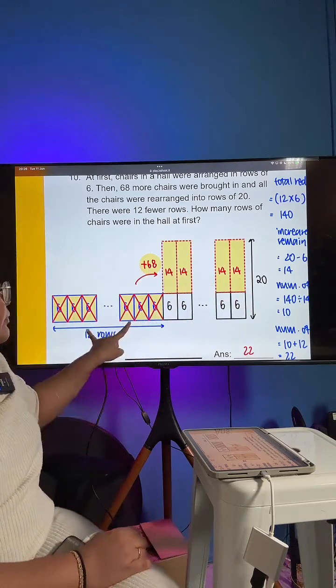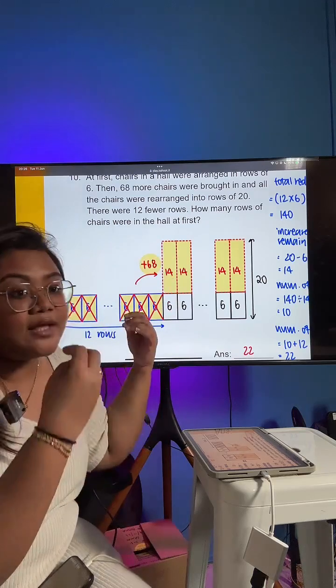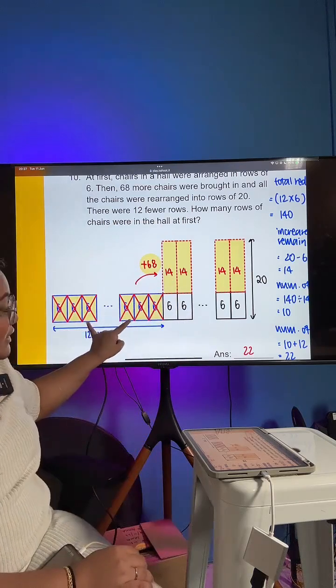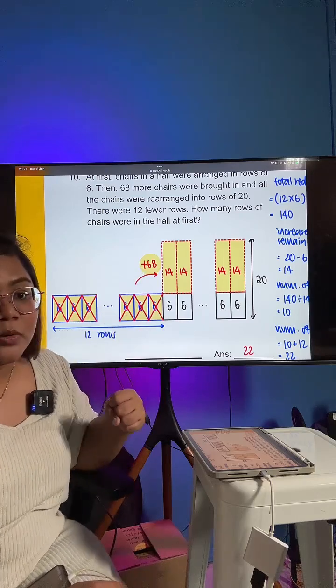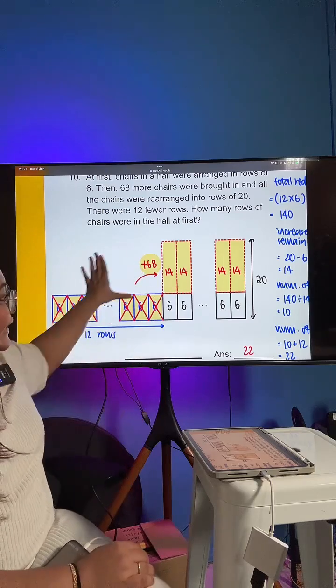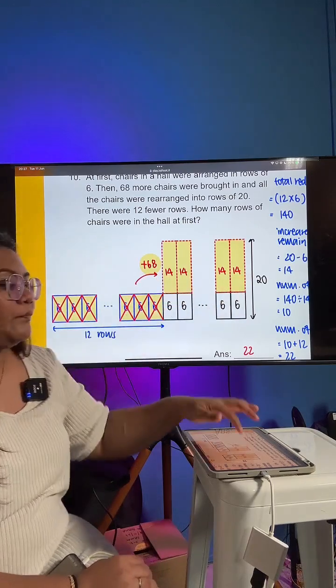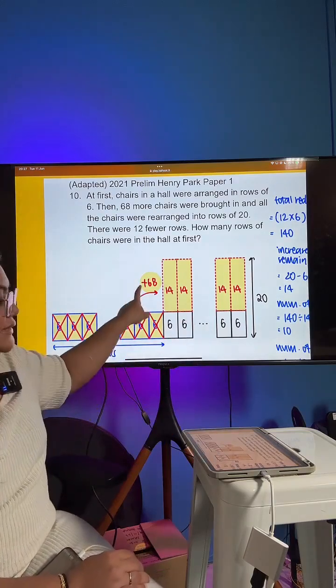So again, they came from the 12 rows, because I got 12 fewer rows, so the chairs cannot just mysteriously vanish. They must be redistributed. So this part here, plus the extra 68 that we brought into the hall. So all this together will give us 14, 14, 14, 14 all the way through. So all this together is 12 times 6 plus 68.